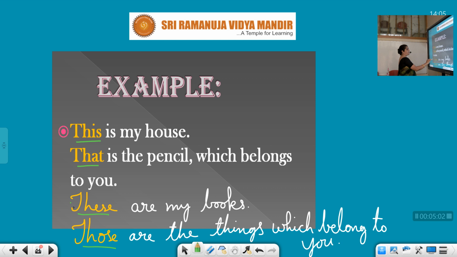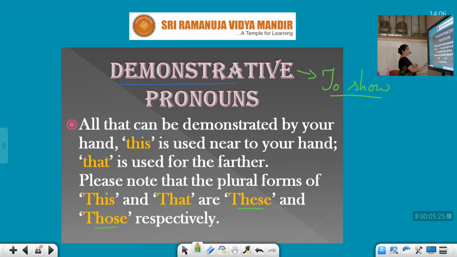These are the plural form for this, and those are the plural form for that. So it demonstrates, it's showing: this is my house, that is the pencil which belongs to you, these are my books, those are the things which belong to you. So I'm trying to demonstrate the things. So this is a demonstrative pronoun.